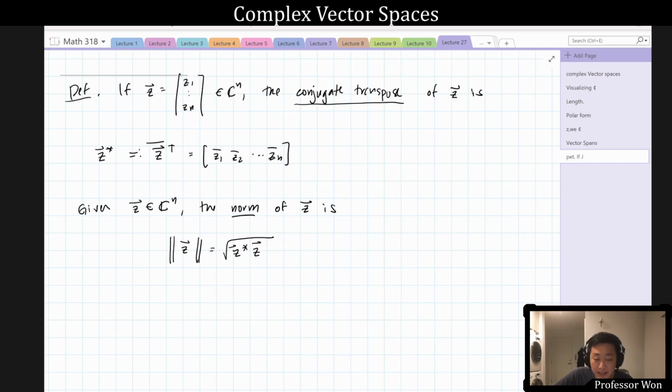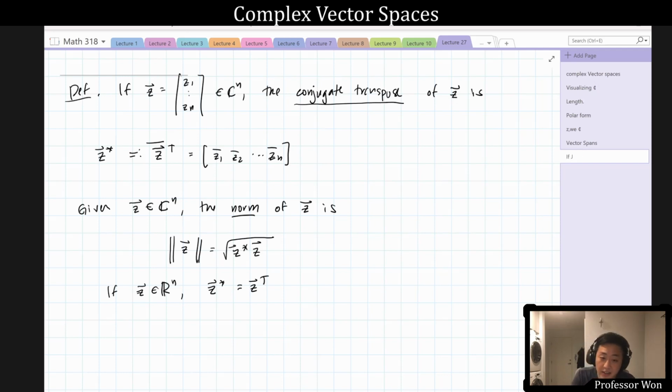First of all, notice that if z happened to be a real vector, which you can think of as also a complex vector, then z star is the same thing as z transpose, because when you conjugate a real number, you don't change it.